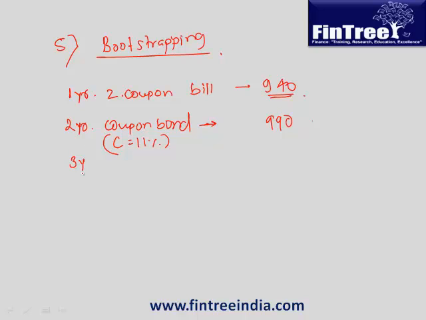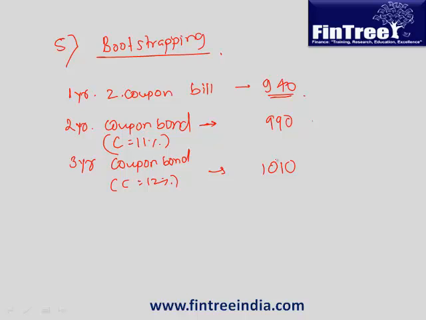We also have a 3 year coupon bond with a coupon rate of 12%, trading at a price of 1010. This is the market data which is available. Using this data, can we calculate spot rate of year 1, spot rate of year 2 and spot rate of year 3?